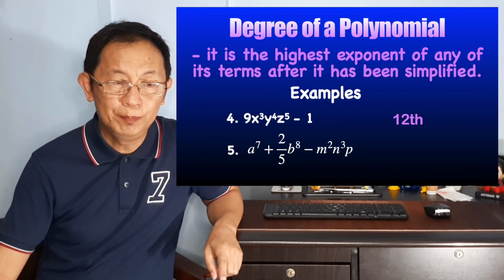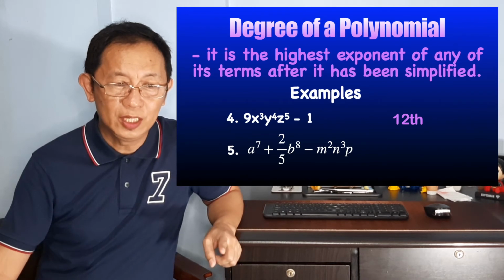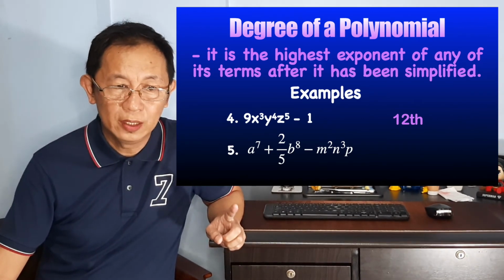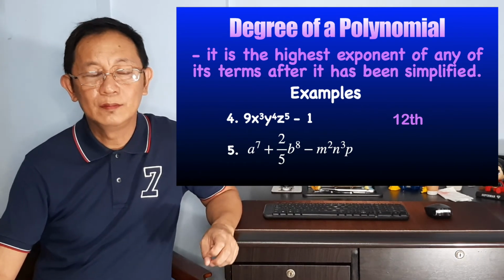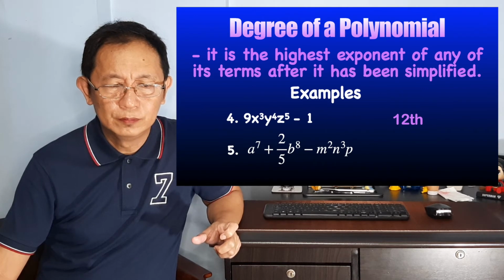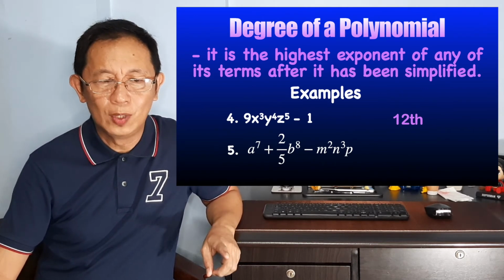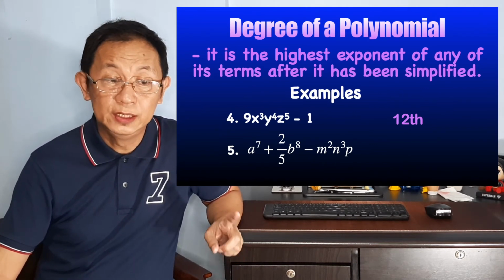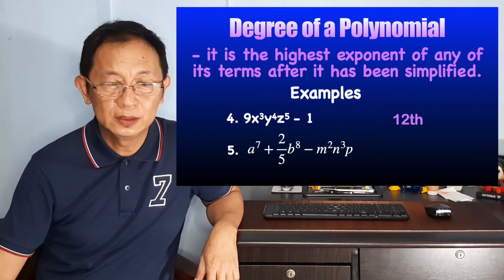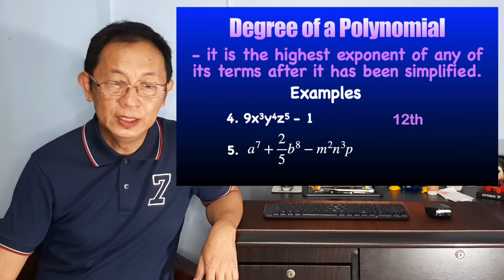Yung 2 fifths, 2b raised to the 8th power over 5, nasa ano siya? 8 degree. Yung third term, 2 plus 3 plus 1, nasa 6 degree. Therefore, the degree of this polynomial is 8 degree.